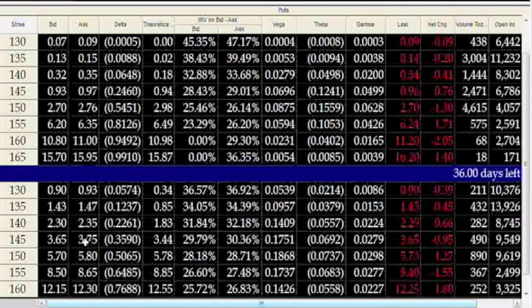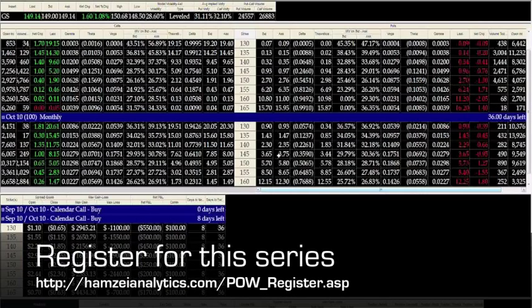So 95 cents we'll use in 3.70. So we're going to use 2.75 as well as the put time spread of the September/October.